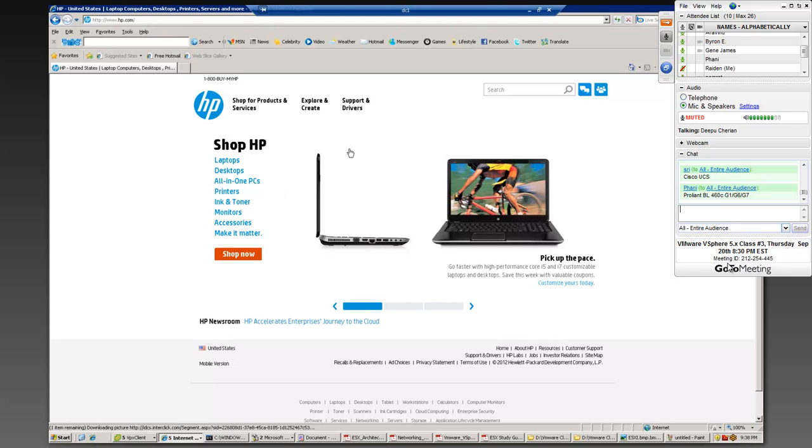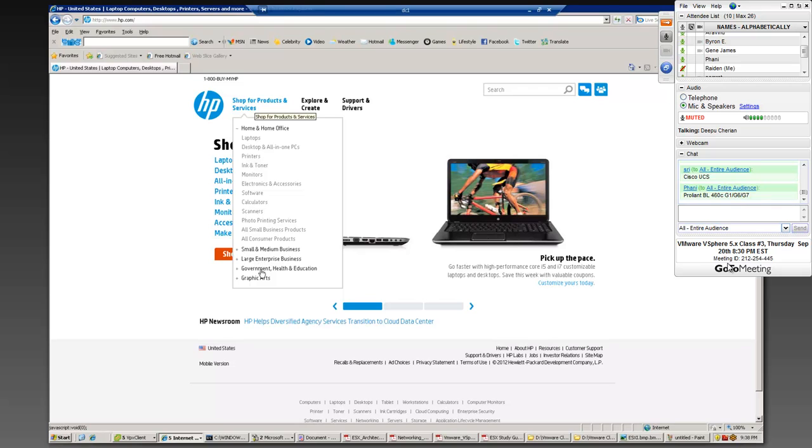When you go to the HP site, you have to go here, and then you can see large enterprise businesses.